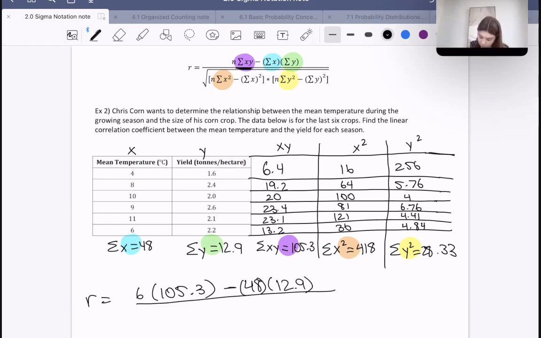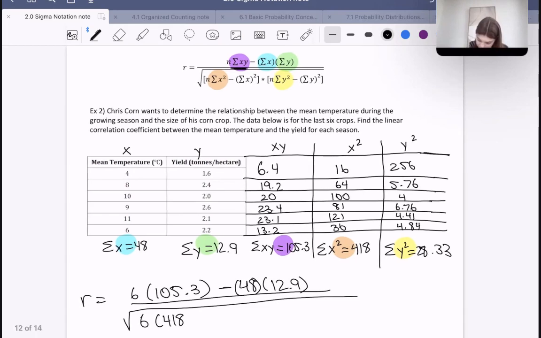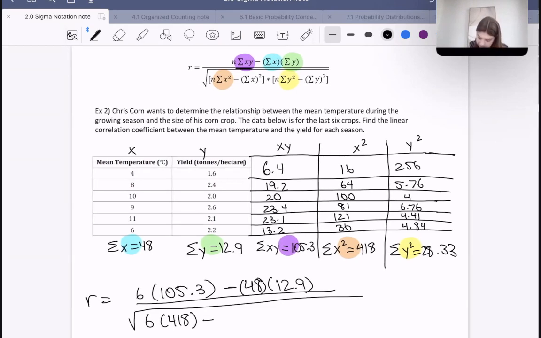Okay, and that's over the square root of 6 times the summation of the x squared values. So that's 418 minus the summation of the x values squared, which is just going to be 48 squared, right?